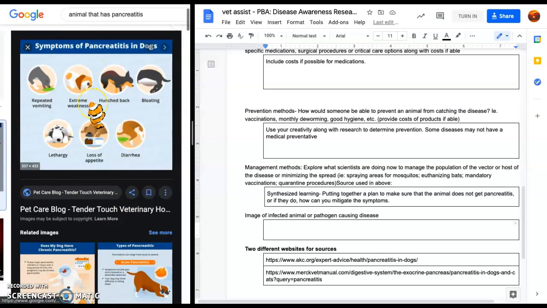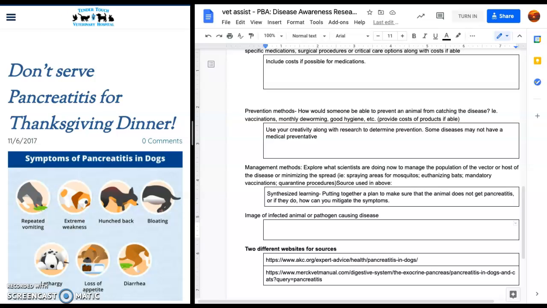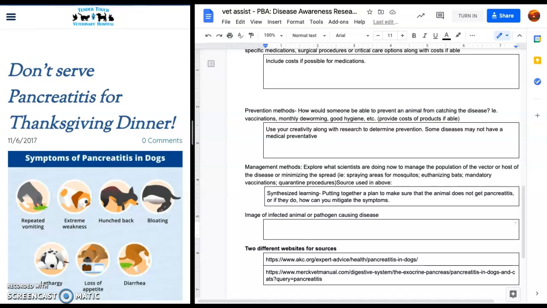Here's symptoms, so maybe you want to include that. So if I'm going to do that, here's my image search, but now I'm actually going to open up that link. I'm going to copy it because I'm going to use that image. Okay, so this is where that's at.